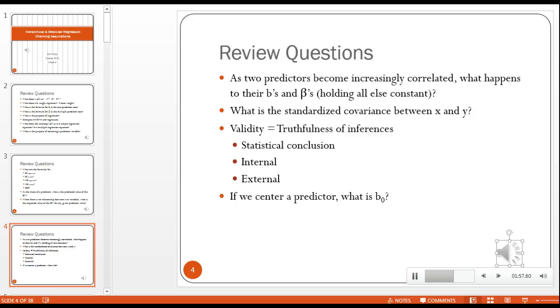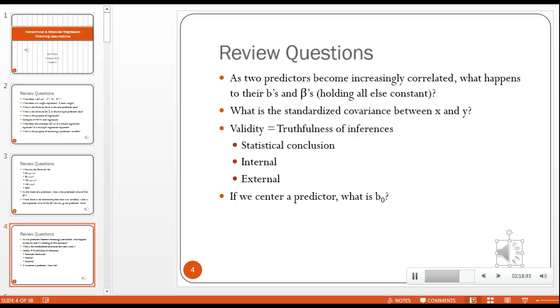Remember that validity is the truthfulness or the accuracy of inferences or conclusions that we're making about our sample, and whether our sample findings reflect what's going on in the population. Statistical conclusion validity is the truthfulness of inferences that X and Y are statistically related.